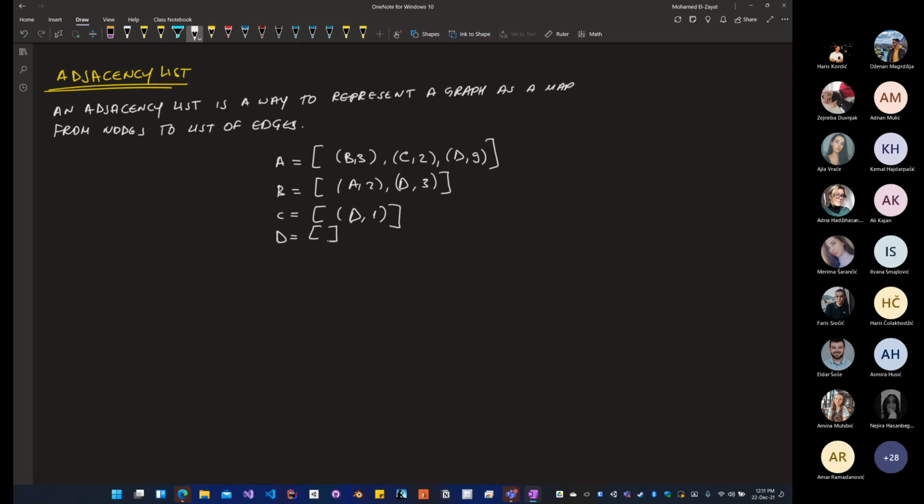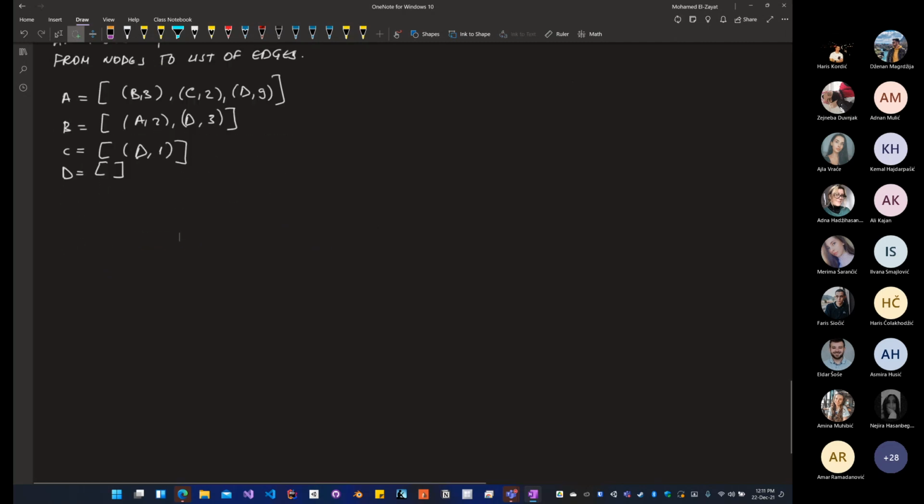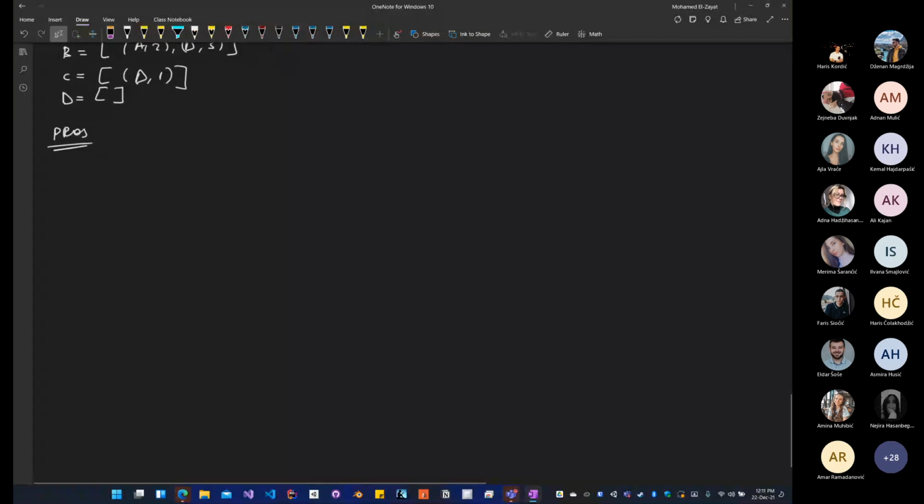Okay, this is what an adjacency list could look like. So the question here is, what are the pros and cons? Let me just move this to the side. So, pros: space efficient for denser graphs.